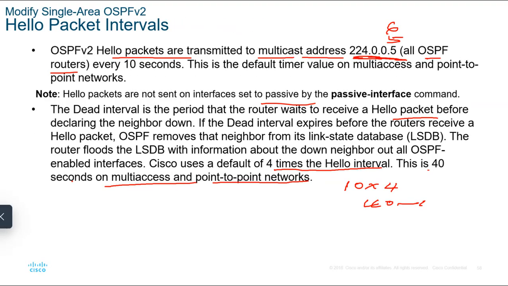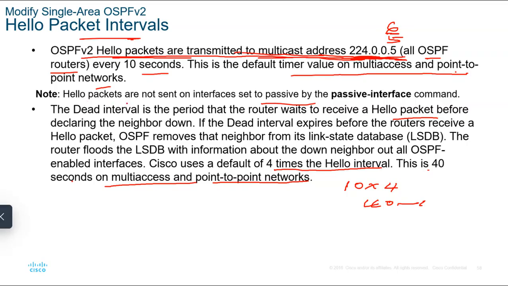So for the hello packet intervals, with OSPF version 2, hello packets are transmitted to the multicast address 224.0.0.5 for all routers. So every 10 seconds the hello packets are sent. This is the default timer value for multicast access and point-to-point networks.